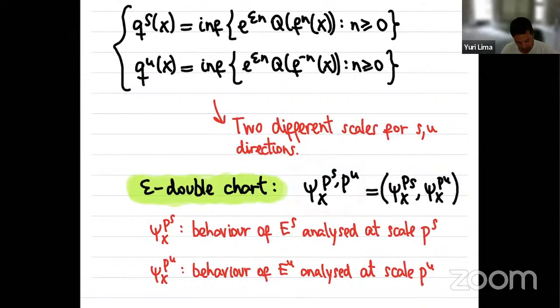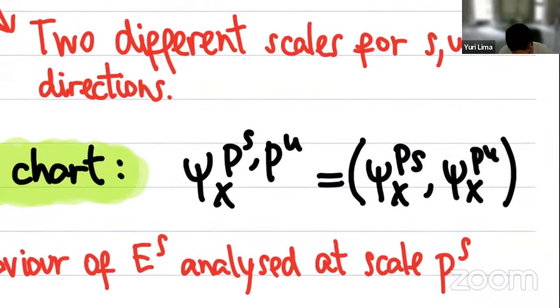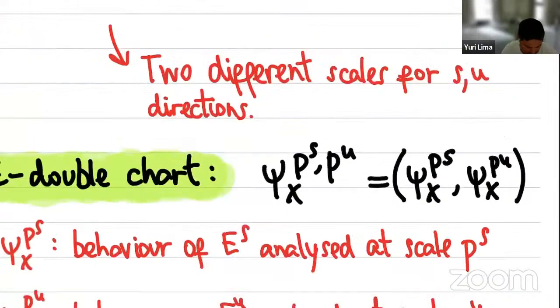It is Pesin charts centered at X, and you put here two scales, in which you can see this object as a pair of Pesin charts. The first Pesin chart is considered at the scale PS. Let me just fix this because this should be on top.